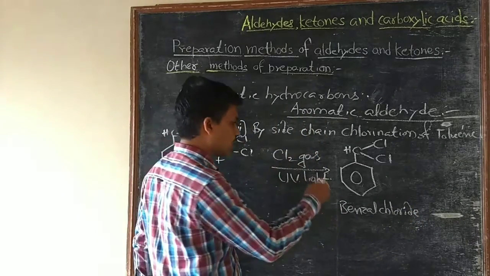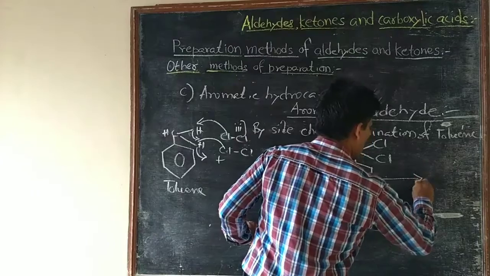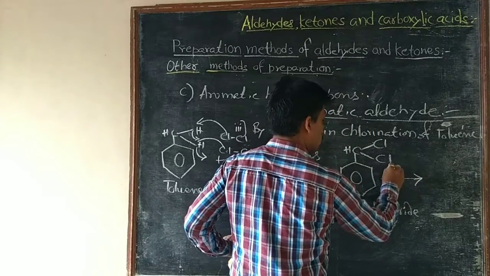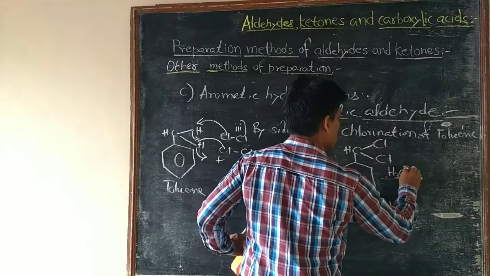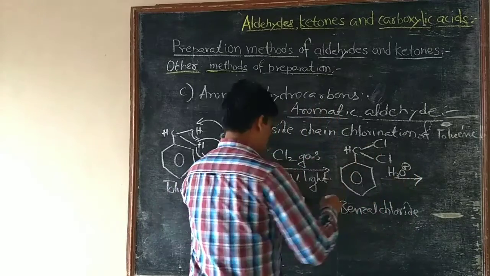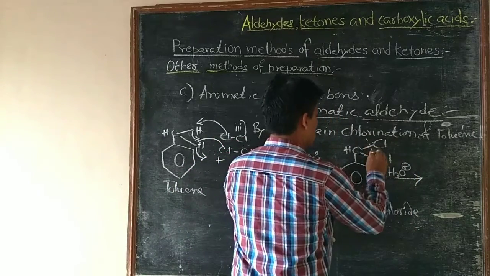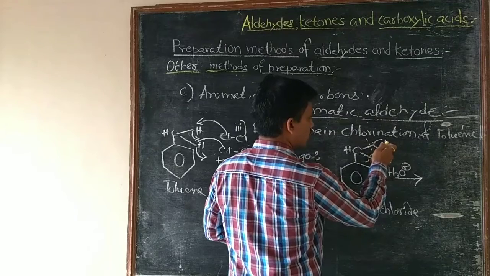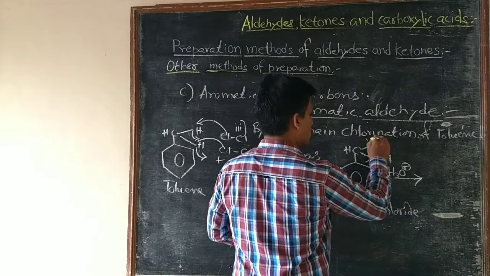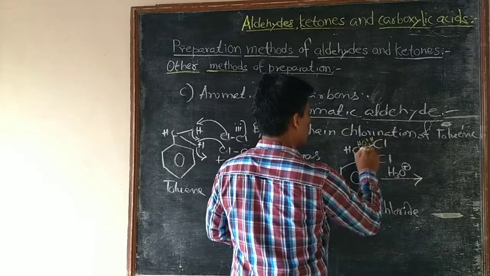This benzyl chloride on hydrolysis in presence of acid gives hydrolysis in this way. Chlorine is more electronegative, therefore H goes to chlorine and OH goes to this carbon.